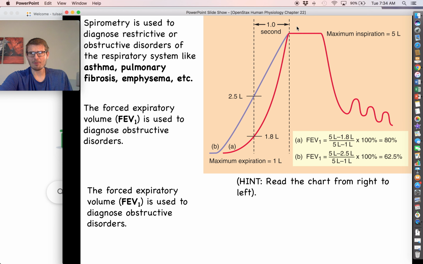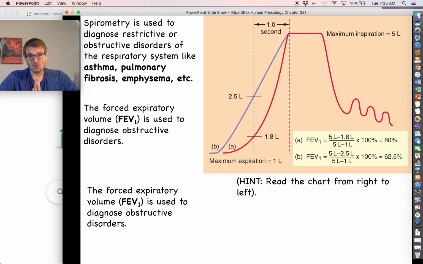Okay, but look at this purple graph right here. Eventually the patient producing the purple graph gets down to the same level of expiration as the patient in the red graph, but after 1 second, they only go from 5 to 2.5. So as opposed to 60 to 70% of the lung volume, they're only able to get out about 50%.